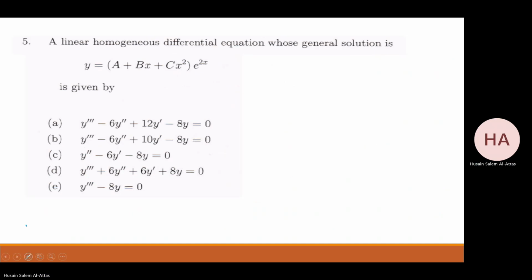I need to find the equation which satisfies this. So what are the roots? 2, 2, 2, three times. The auxiliary equation will be (r minus 2) cubed. I know the formula for (a minus b) cubed.